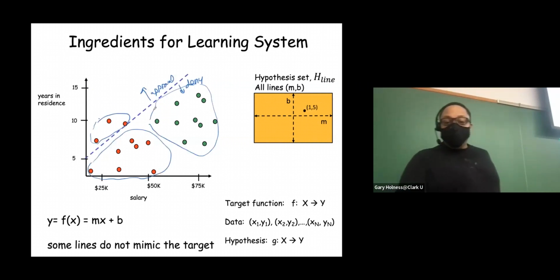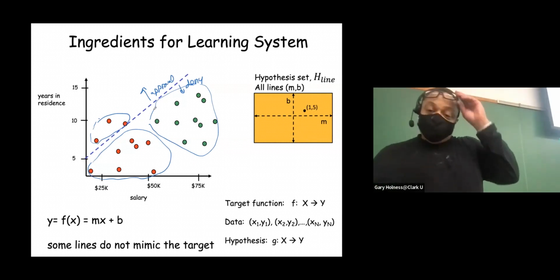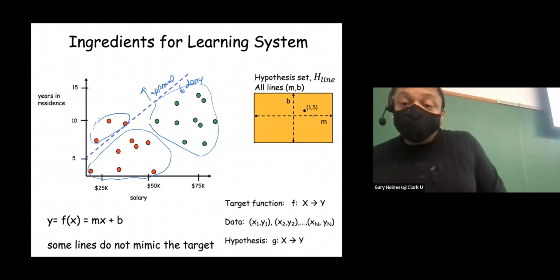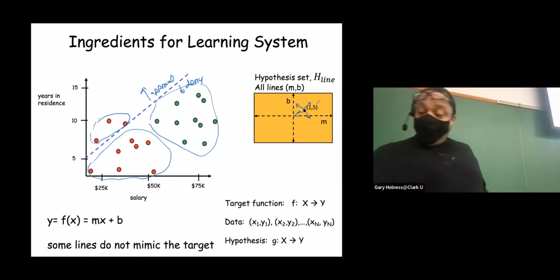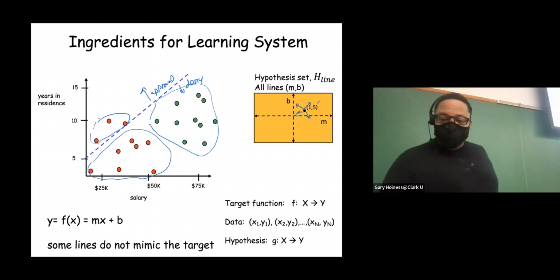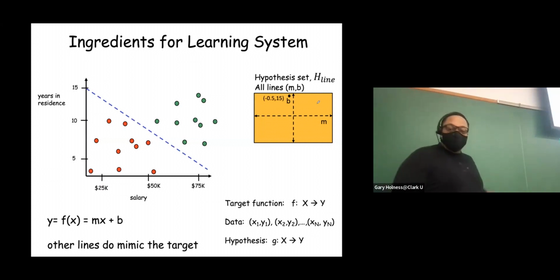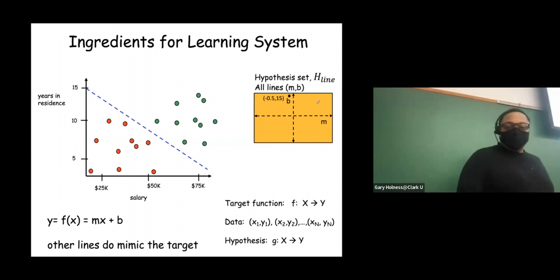And so now this 1.5, 1 comma 5, is not a very good line. And so one of the techniques for search is that we're going to find some other line within some neighborhood or distance around the current working hypothesis. Okay, so what if we tried this next one? We have a slope of negative 0.5 and a y-intercept of 15.